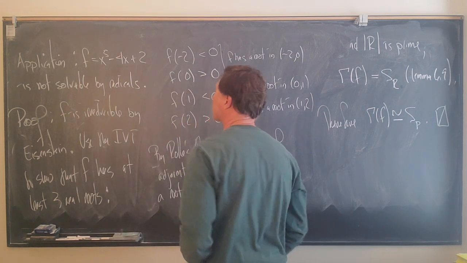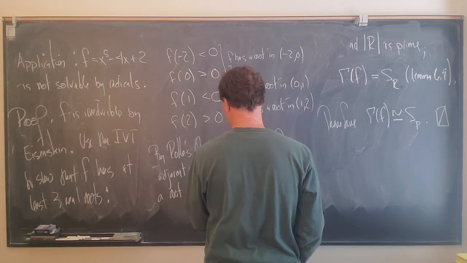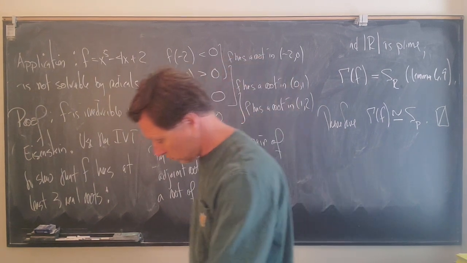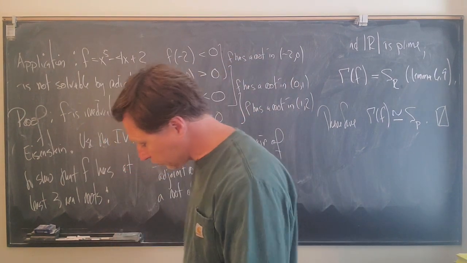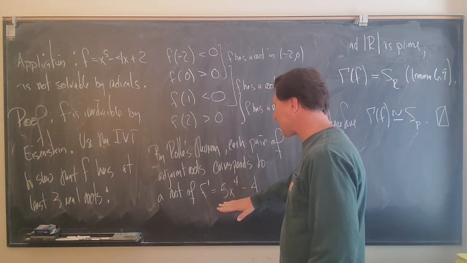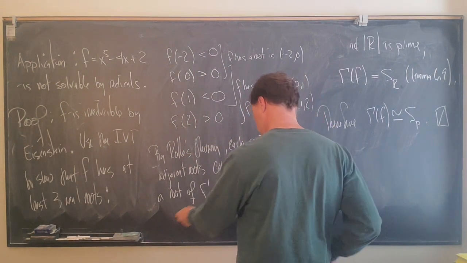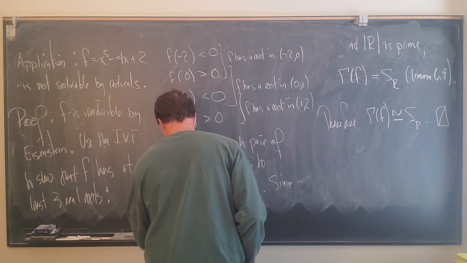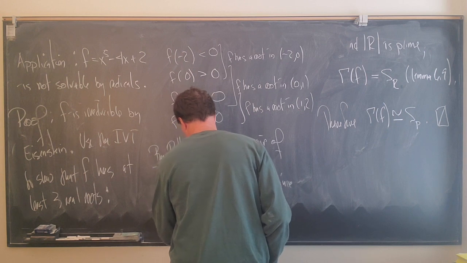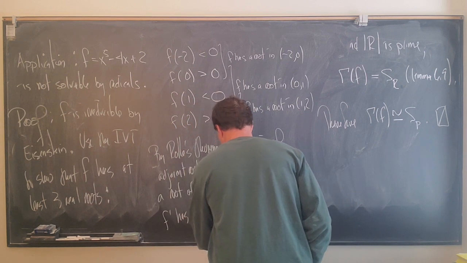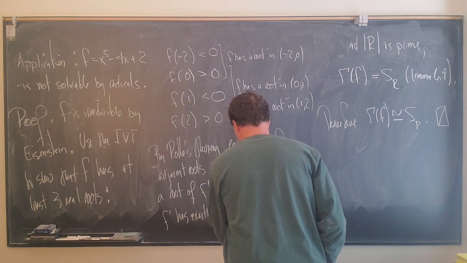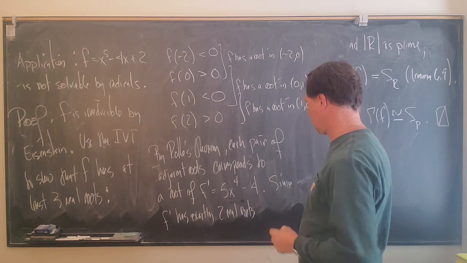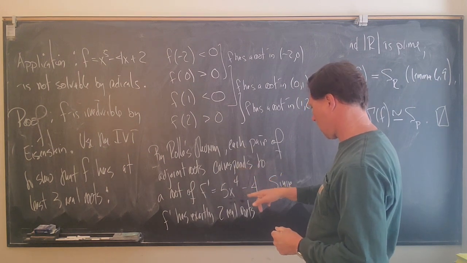of f prime of x, and the derivative here is going to be 5x to the 4th minus 4. Now, this one has exactly 2 real roots. You can basically factor this as something squared plus something, and then minus.